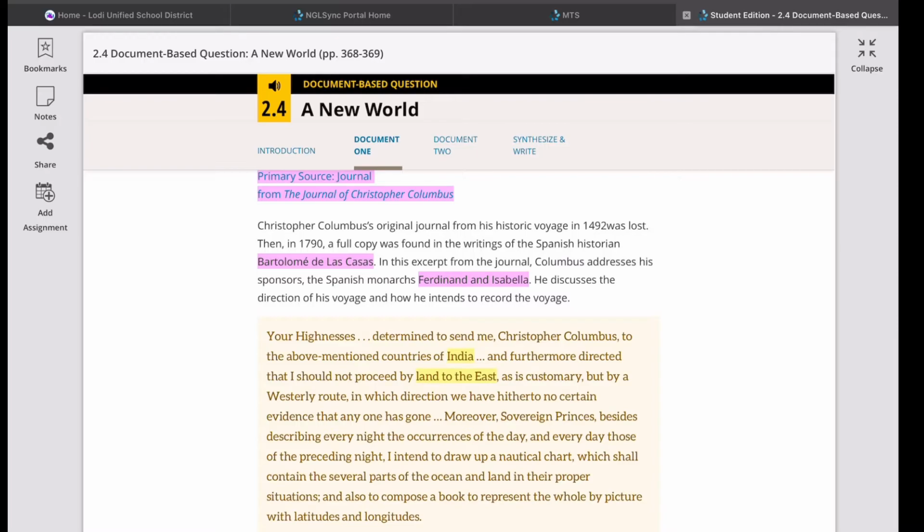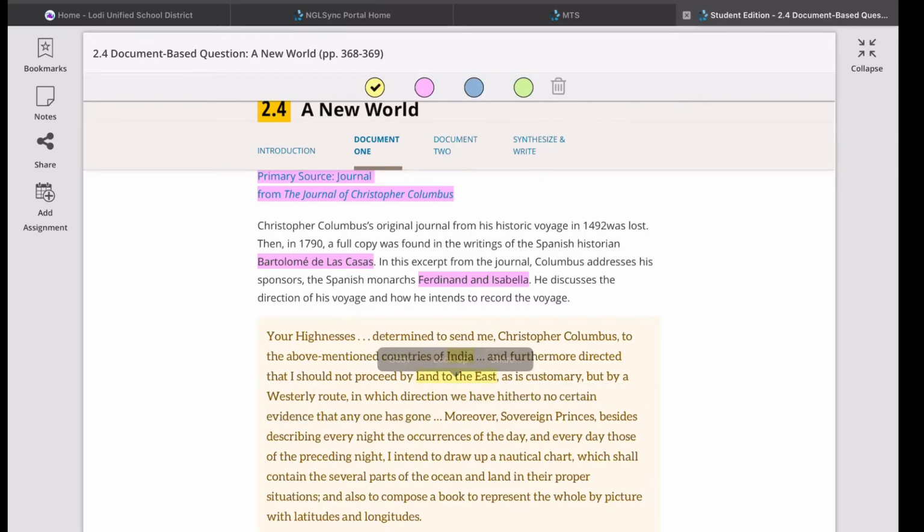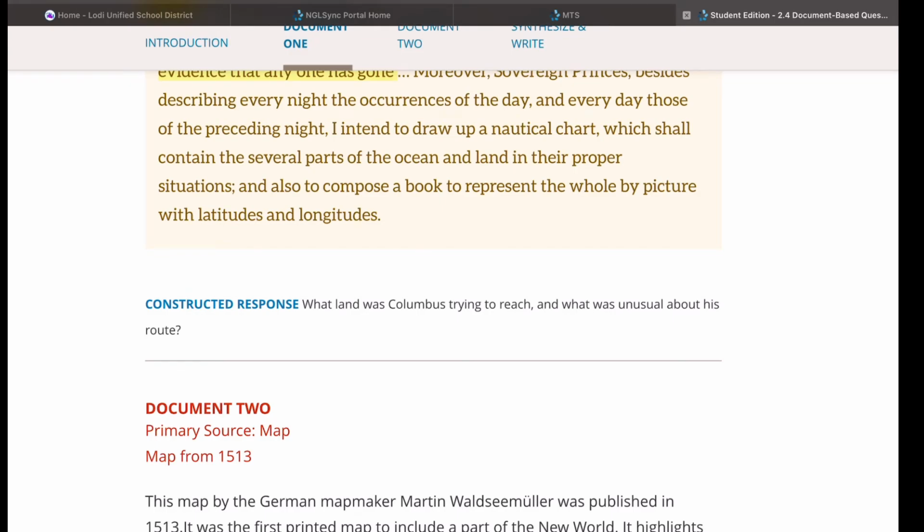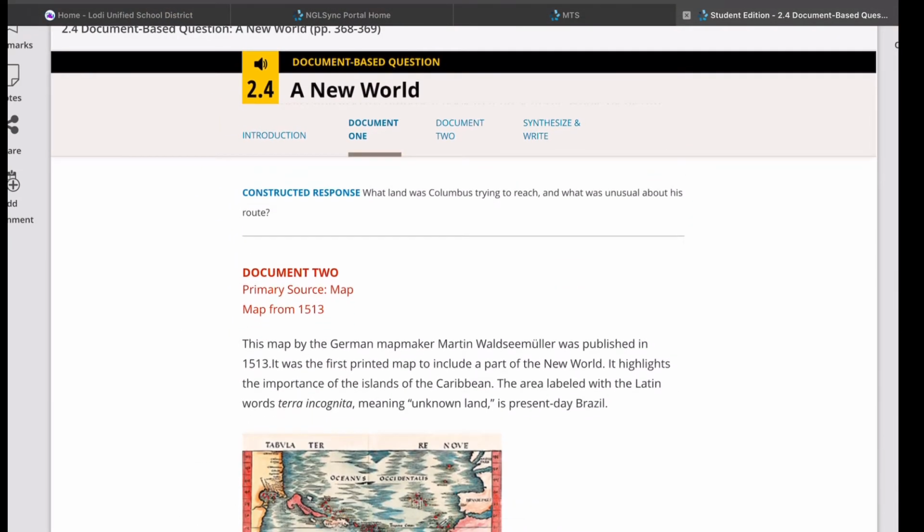Now you have to take note of his original or intended destination, because in the constructed response in the review and assess question: what land was Columbus trying to reach, and what was unusual about his route?